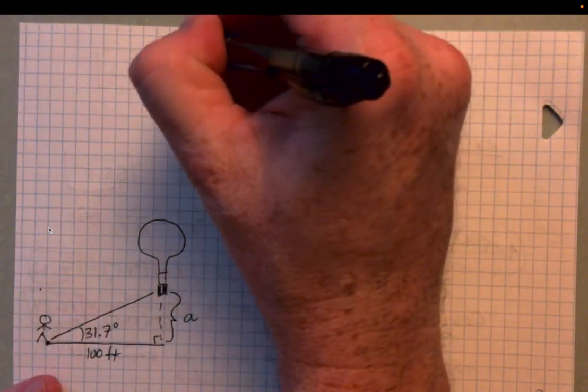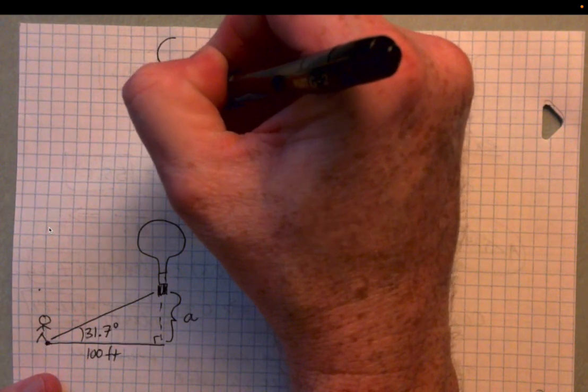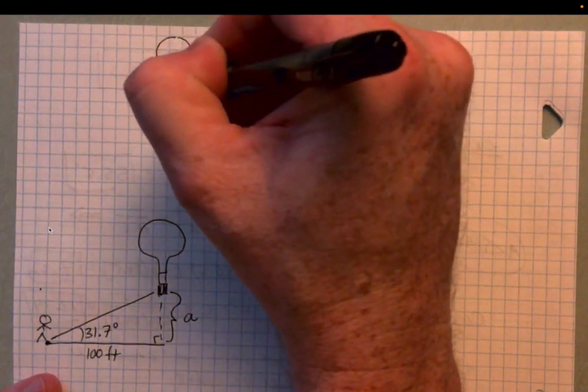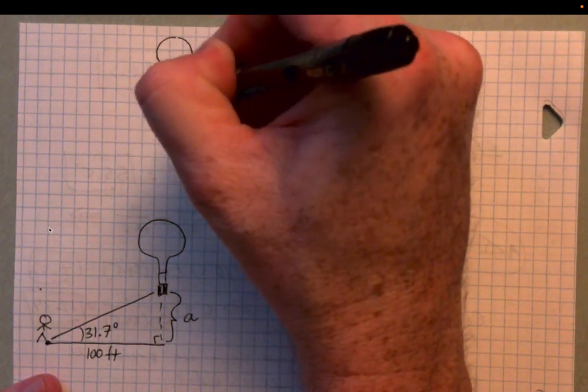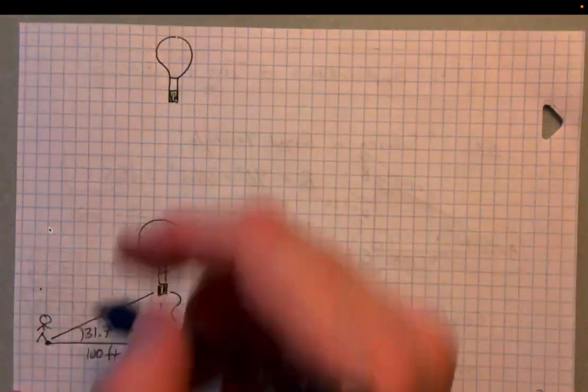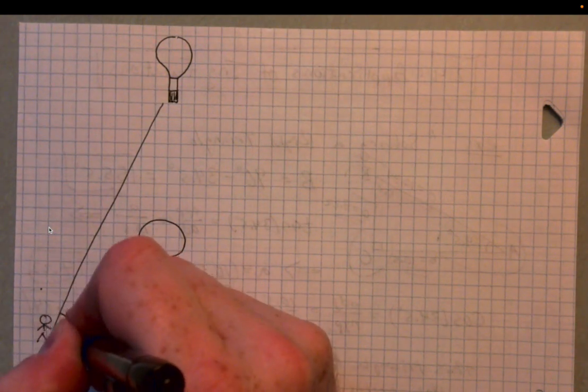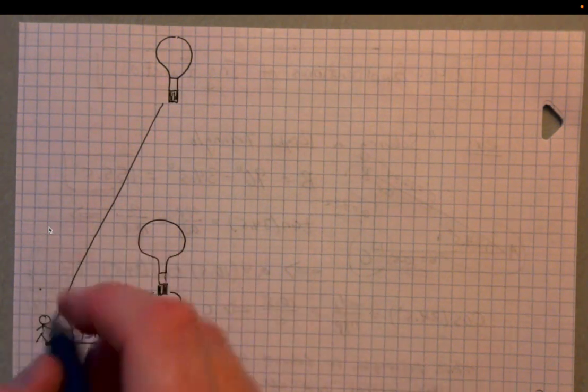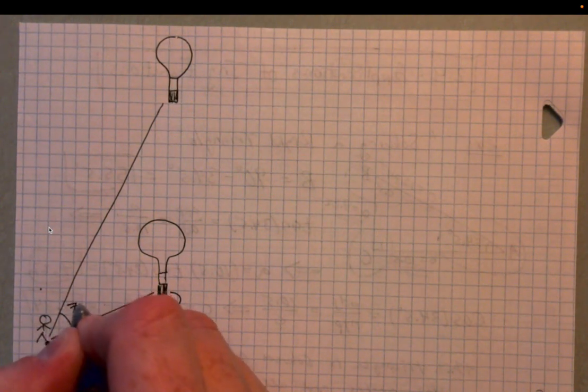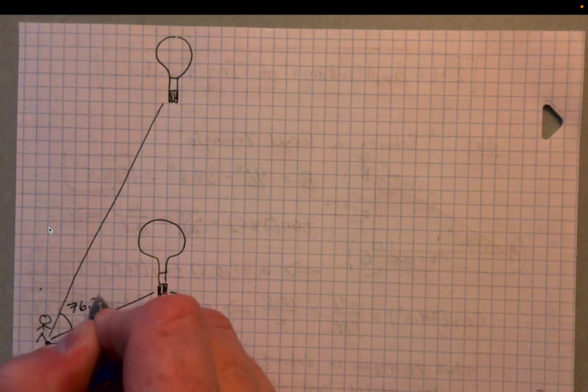And then a minute later, you notice that your friend is quite a bit higher up here. And again, you've got a line of sight tool, and so you're able to see that at this point, the angle has grown quite a bit, and specifically it's grown to 76.2 degrees.